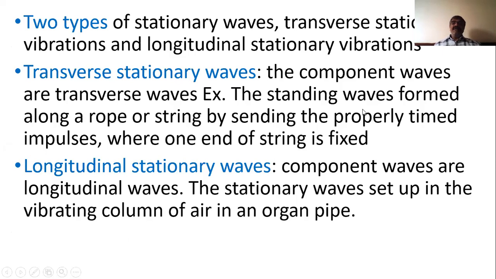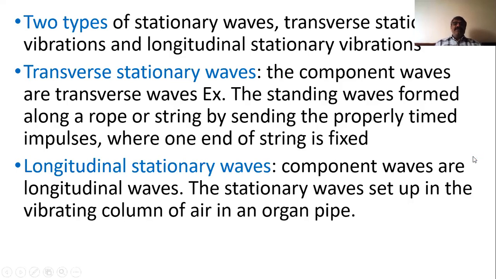On the other hand, if the component waves are longitudinal waves, the best example of which is the sound wave, where the whole medium is divided into alternate compressions and rarefactions, the best example is the organ pipe, what we call in Marathi a basri. The stationary waves set up in the vibrating column of air in an organ pipe are the best example of longitudinal stationary waves.